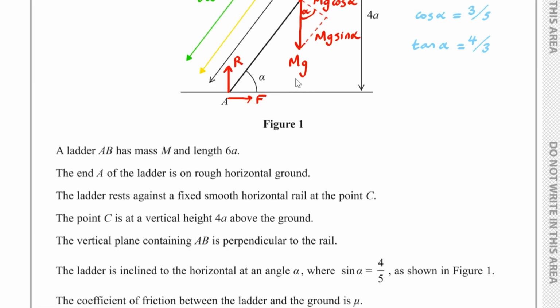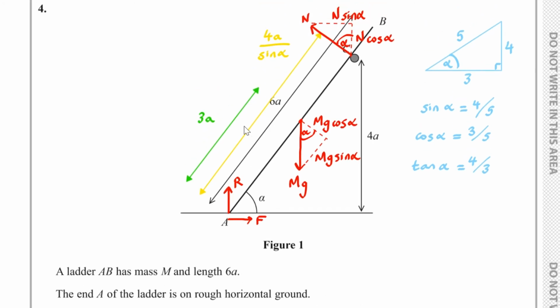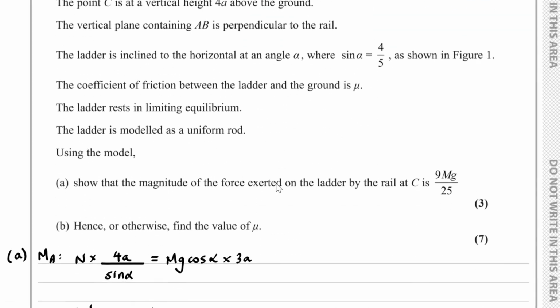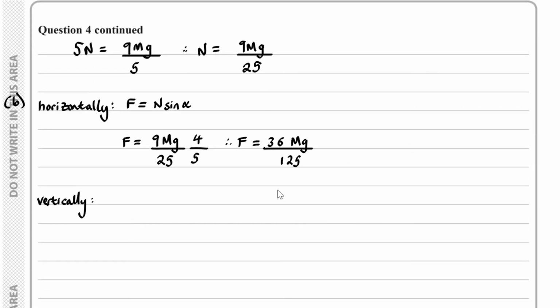if we go back to our diagram, we have R over here, and the vertical component of the normal reaction at C is N cos alpha, and we've got the mg going down. Of course, they're in equilibrium, so we have R plus N cos alpha equal to mg.